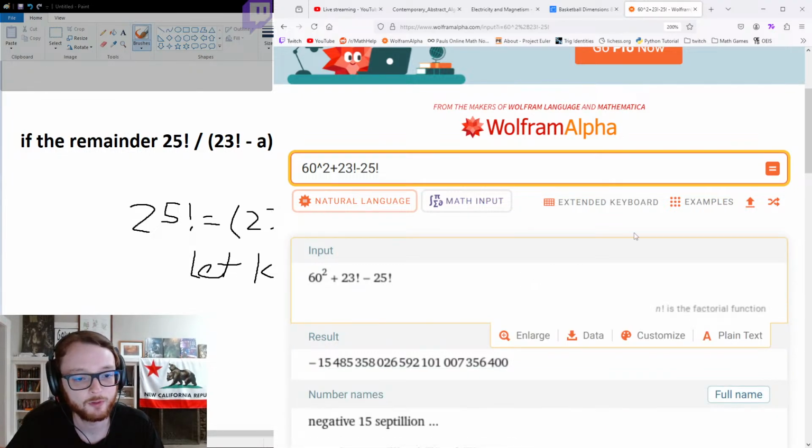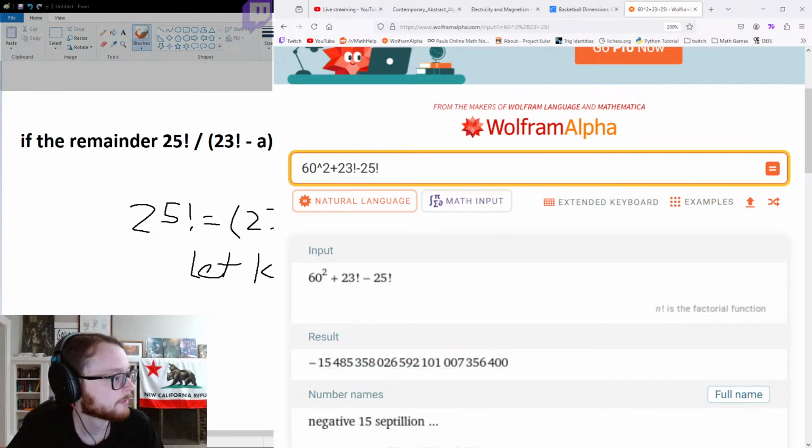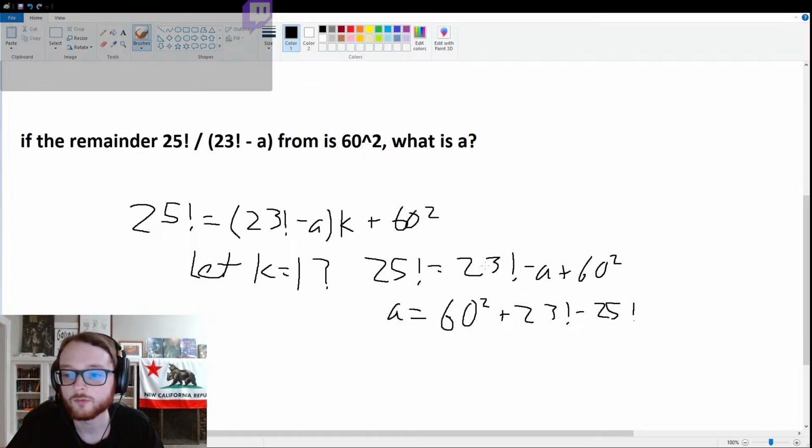That's a negative number. That doesn't seem reasonable at all. Did I not solve for a correctly? No, I did.